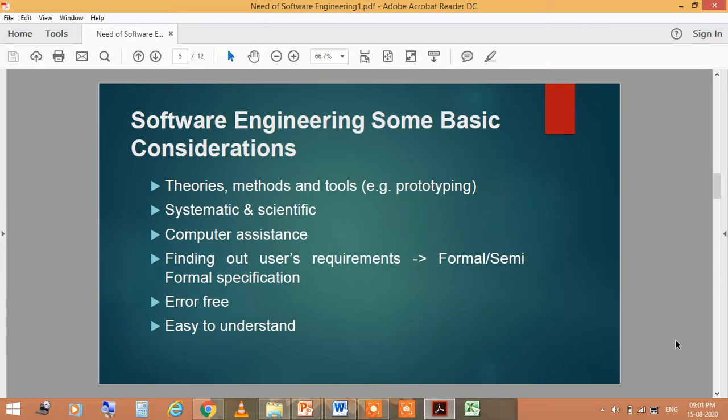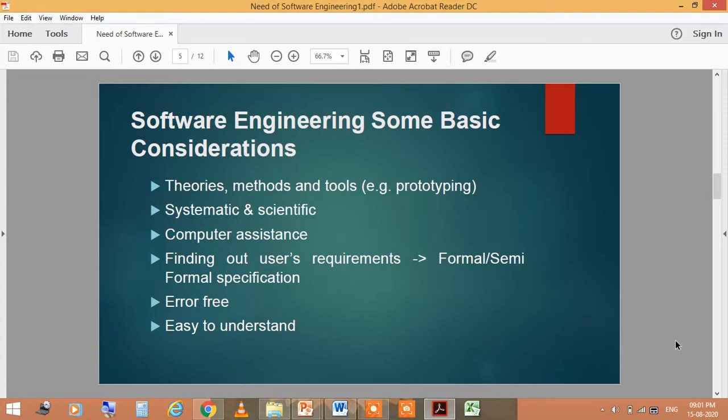It is very important that the developer should know what the client's or the customer's requirement is. On the basis of the requirement, then only he will proceed further.